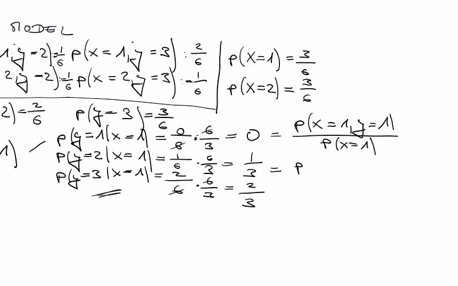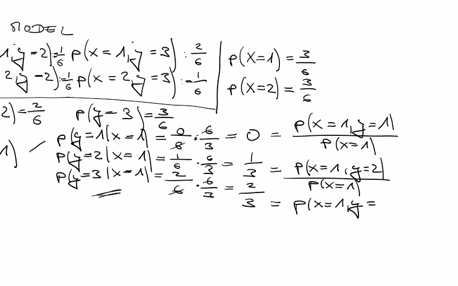And this is also what we did here: p(x=1, y=2) and p(x=1, y=3), each divided by p(x=1).